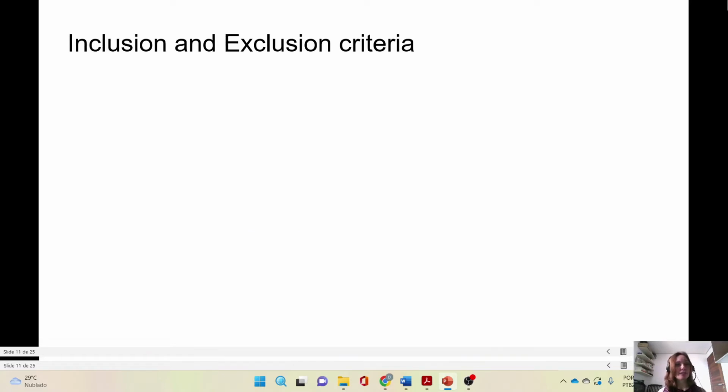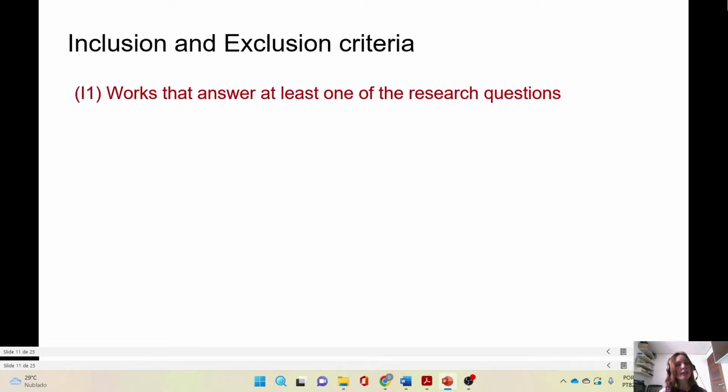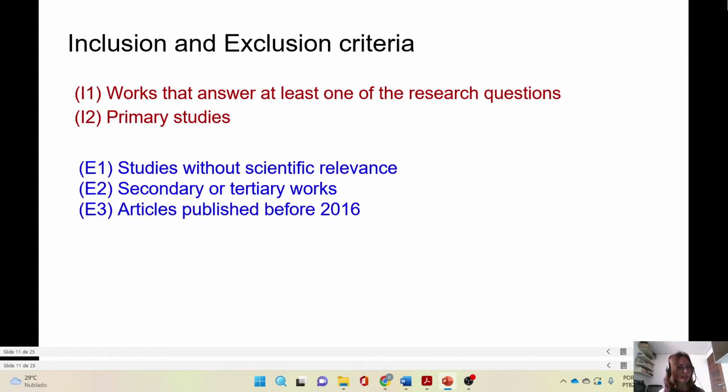As inclusion and exclusion criteria, we have provided as inclusion works that answer at least one of the research questions, also primary studies. On the other hand, we have defined the exclusion criteria: studies without scientific relevance, secondary or tertiary works, and articles published before 2016.